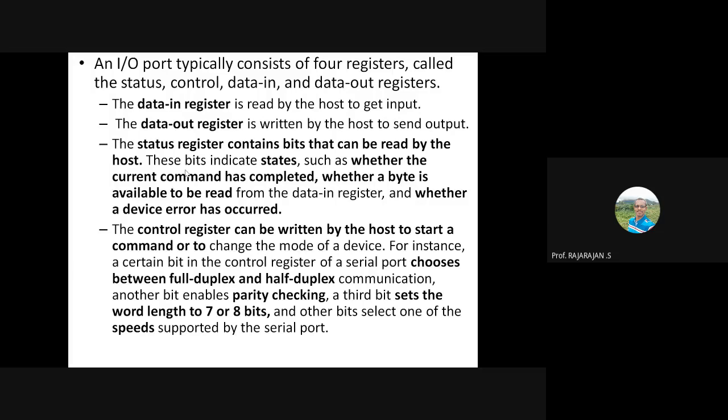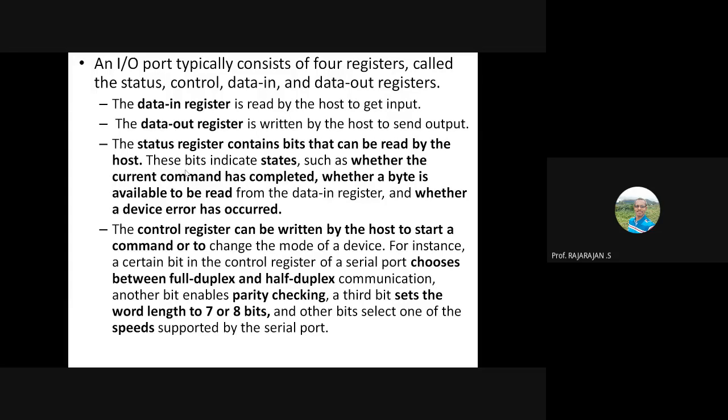So all the status details will be accessed through the status register, so that the CPU comes to know the status of the operation it has assigned to the controller, whether it's finished or it has resulted in some error. That is all understood with the help of the status register.